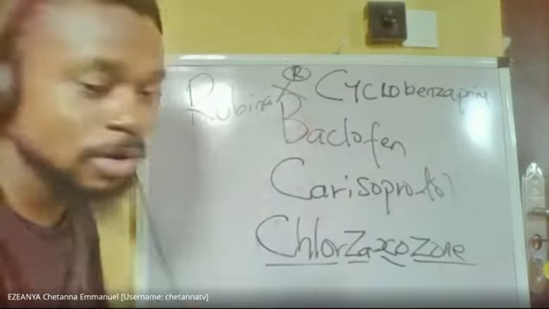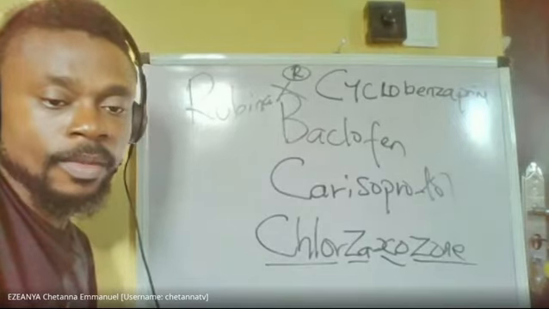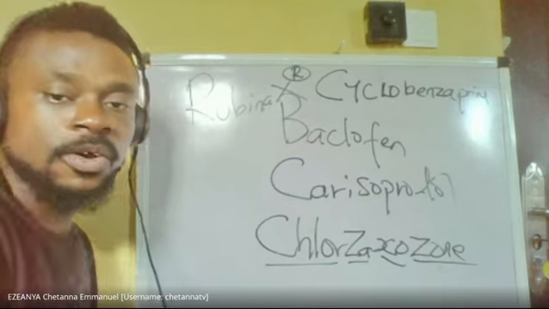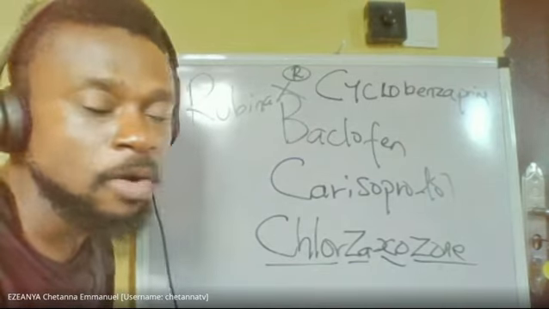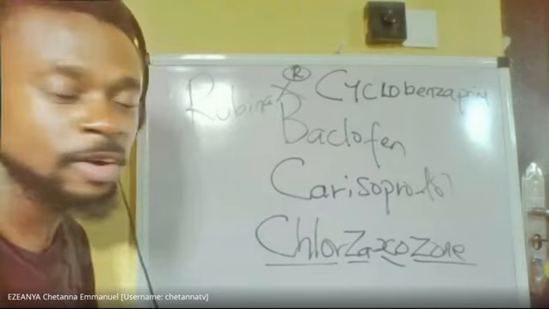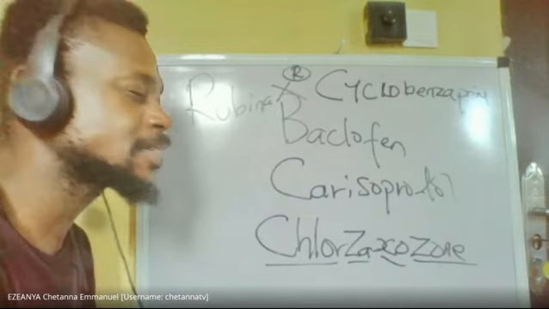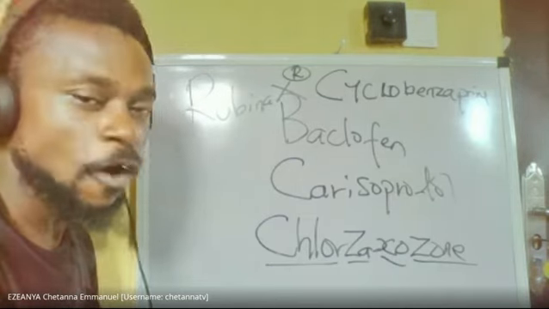Let me not go deep into that. Let's continue. Then another one. If you don't know this one, I will chase you away from this class. The last one I want to call now: orphenadrine.